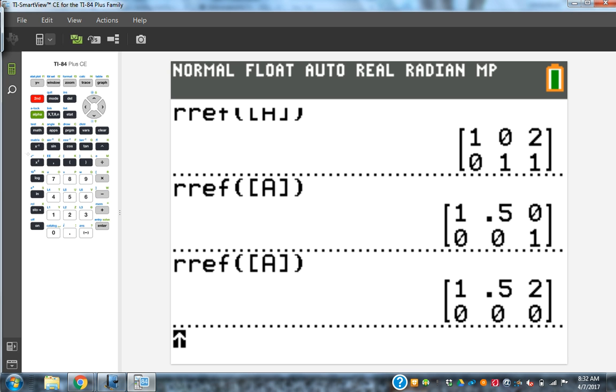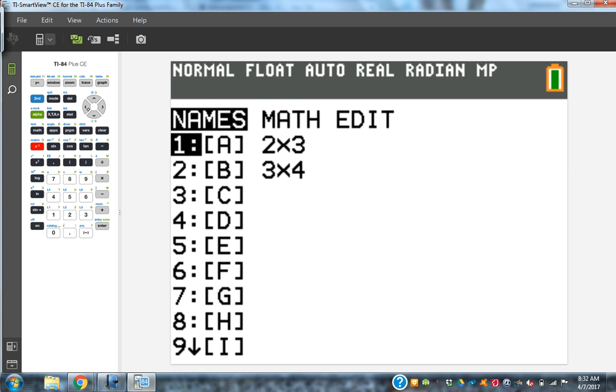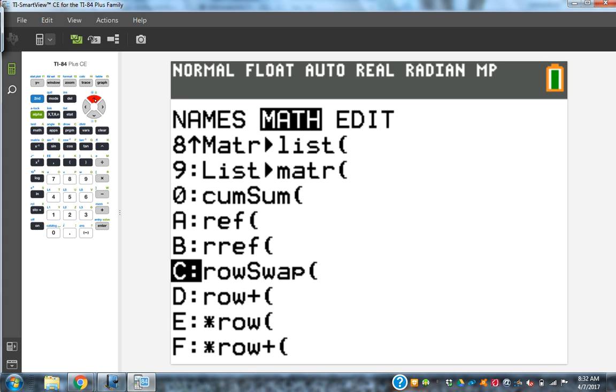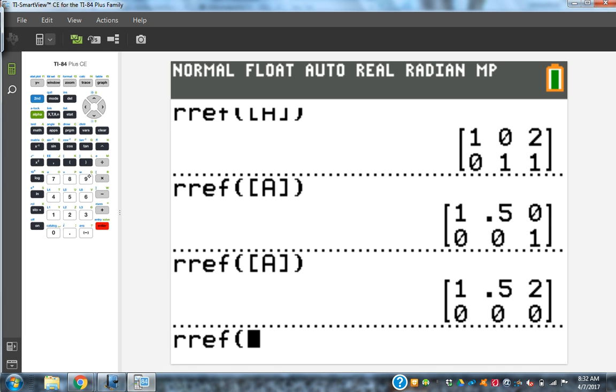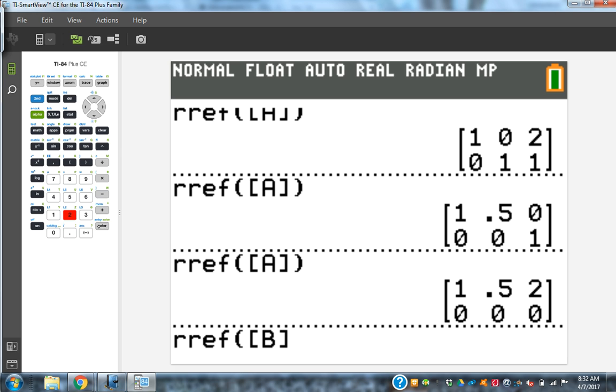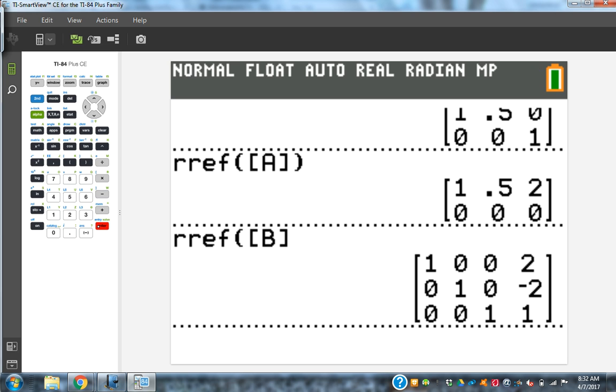So second matrix, go to math, up arrow. It's not faster at that than anything. And then matrix B. Get it to crank it out. So here we see the same idea. We got a row 1 that's x equals 2.